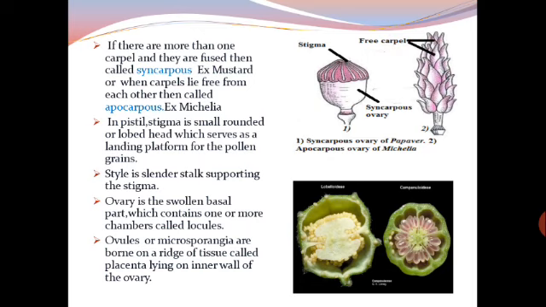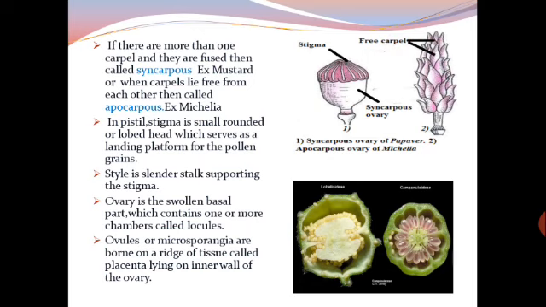In the pistil, the stigma is a small, rounded or lobed head. The shape of the stigma differs in different species, but whichever the shape, it serves as a landing platform for receiving the pollen grains.